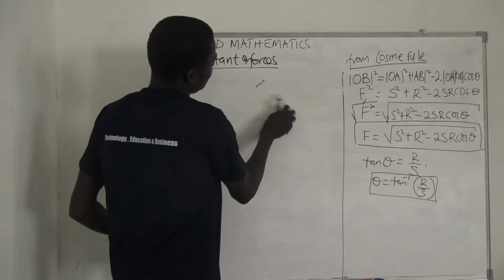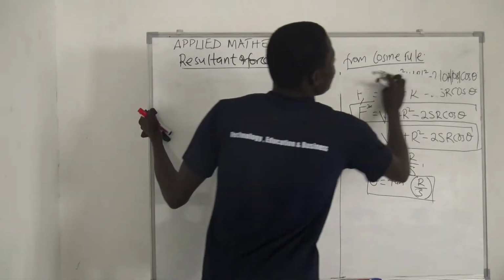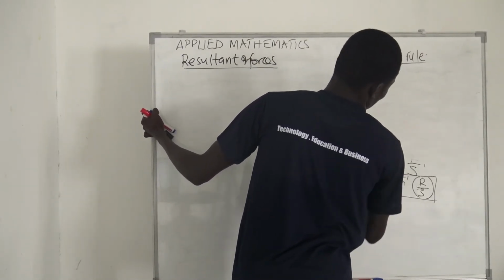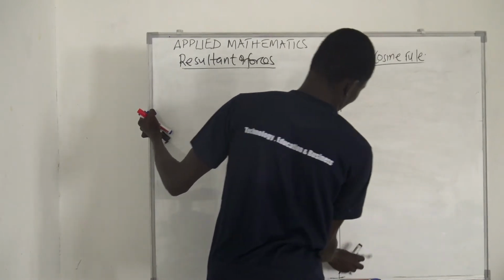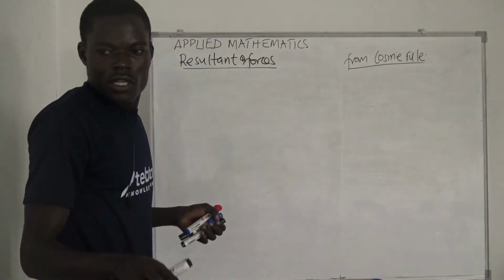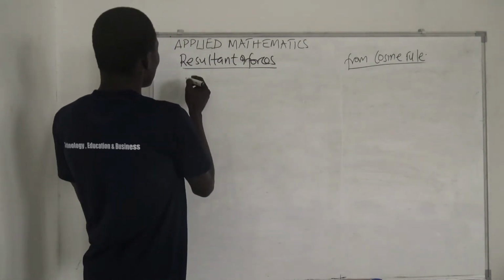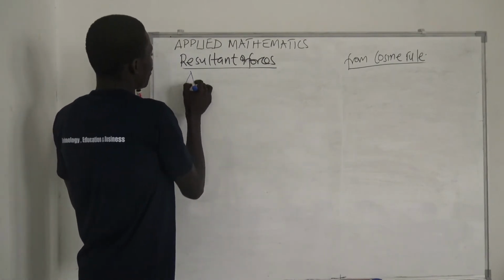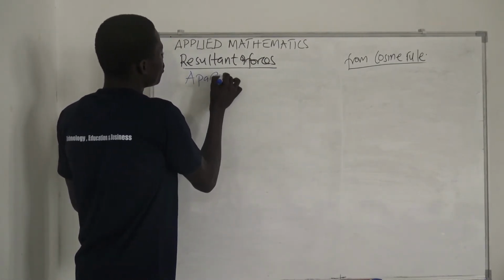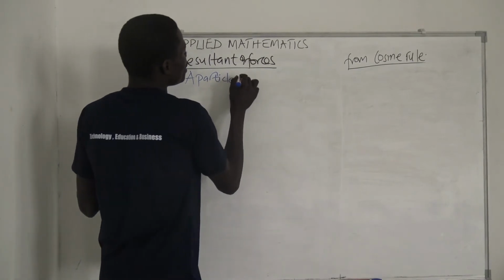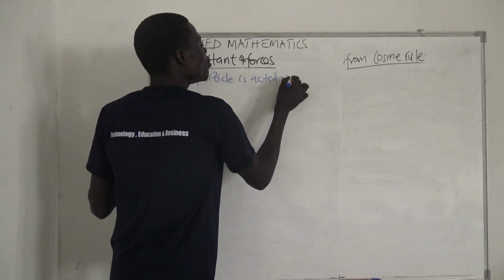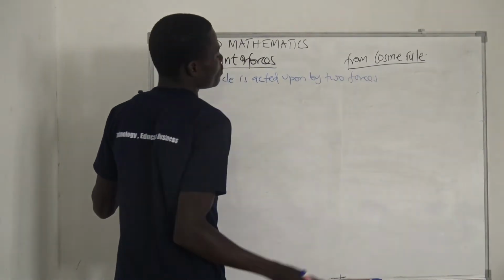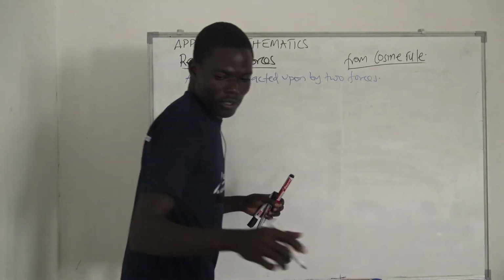Example 1. So we are going to be somehow quick. It's saying a particle is acted upon by two forces.